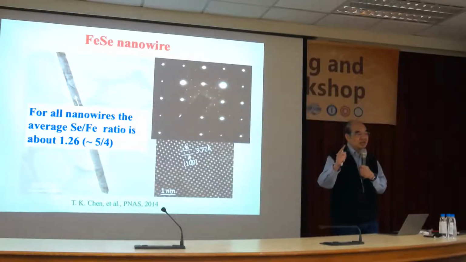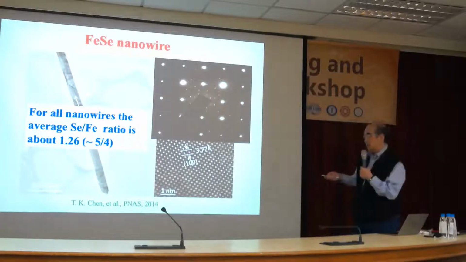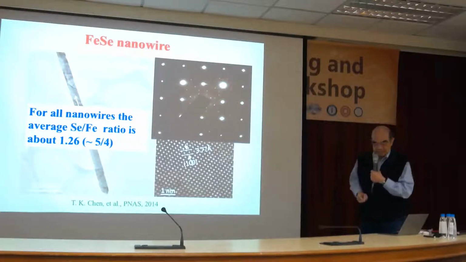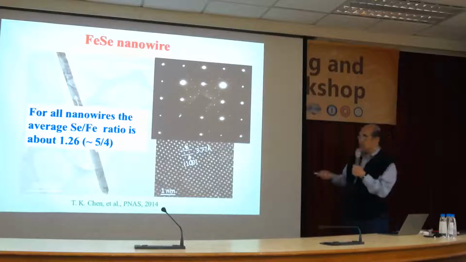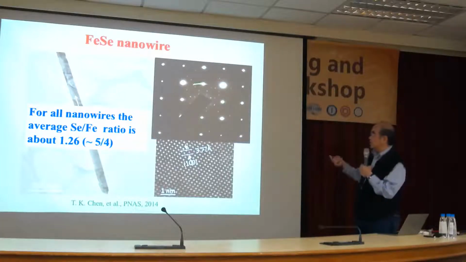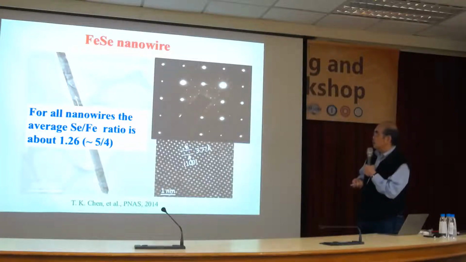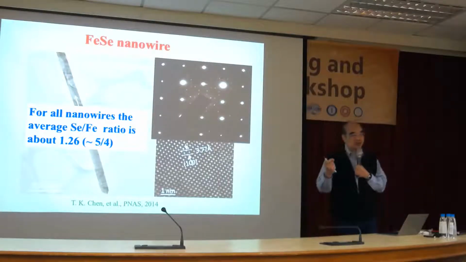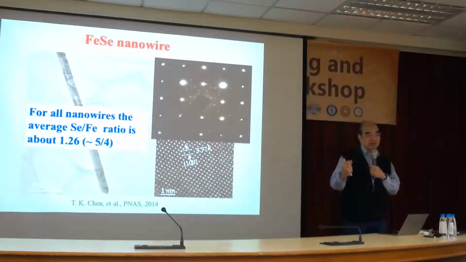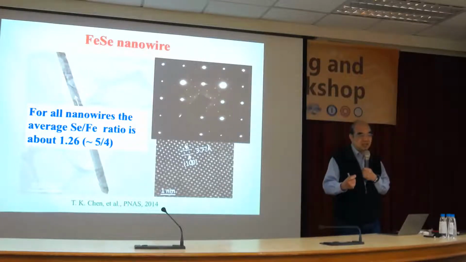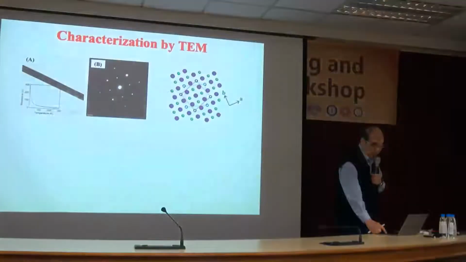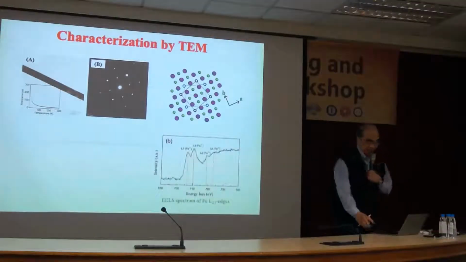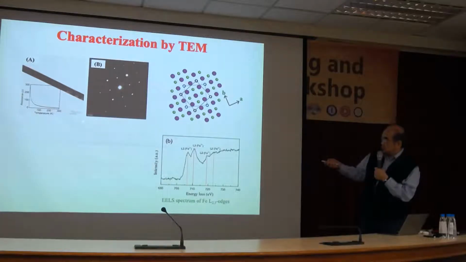Not a 1, it's a 4, 5. So it's iron 4, selenium 5. And if you look into this electron diffraction carefully, you see a beautiful superstructure, and that is the iron vacancy order. This is iron vacancy order. So that's the detail of the TEM, and then we measured the transport.